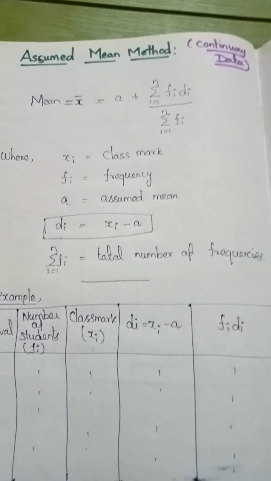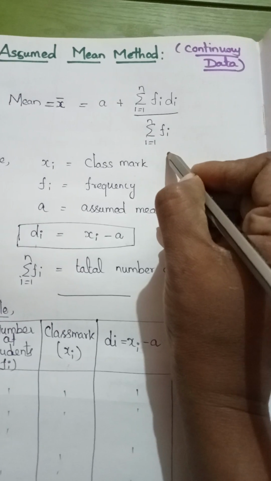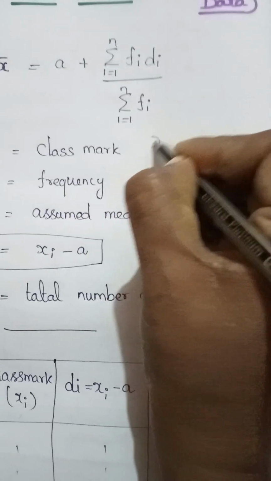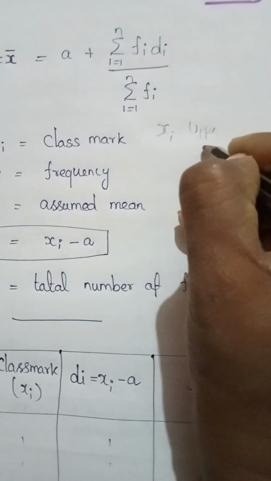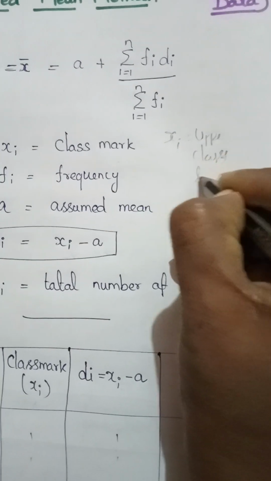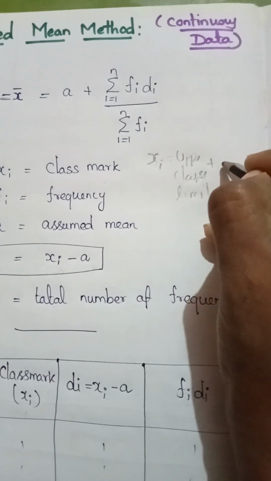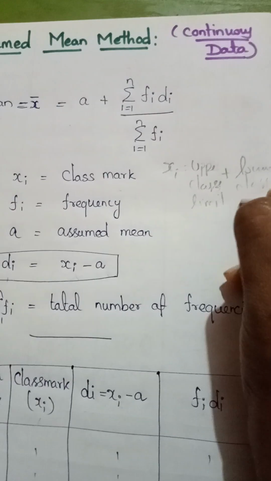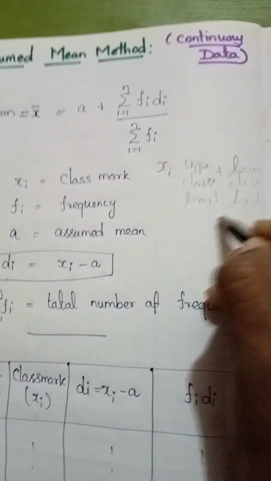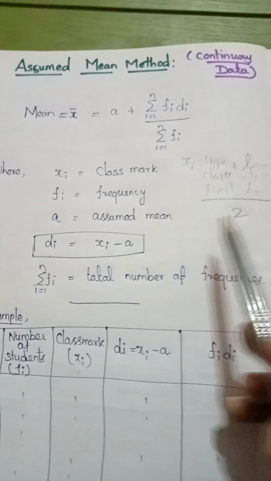You know class mark, but this is continuous data, so class mark xi equals upper class limit plus lower class limit divided by 2. This average is only the class mark because this is continuous data.